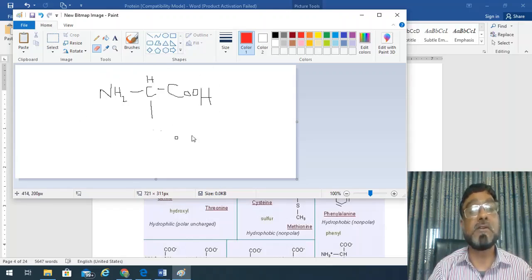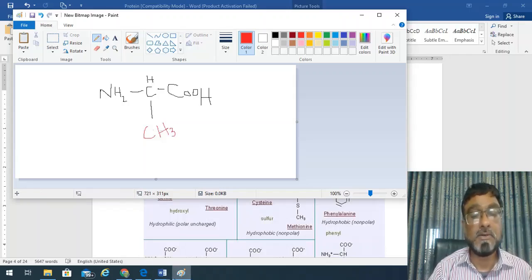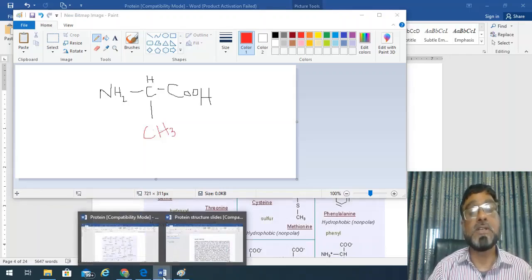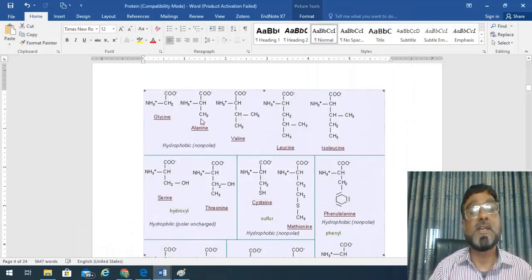This structure will remain the same, and you will write here CH3, the alkyl group. So this is alanine. Again, it's a non-polar, hydrophobic type of amino acid.